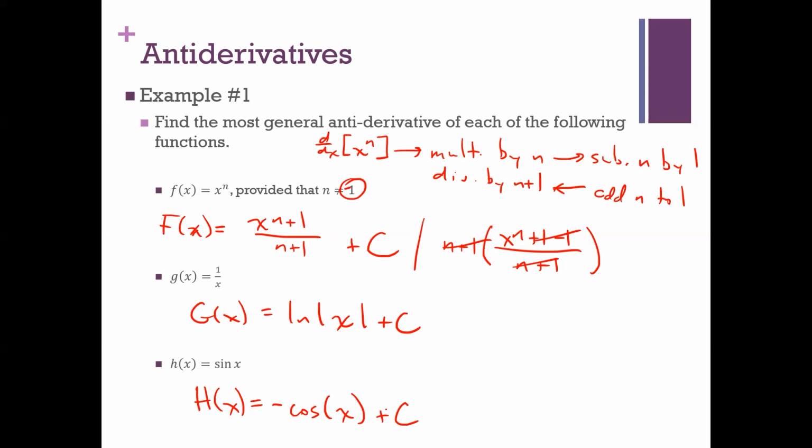No, not when you do the root. But the antiderivative of sine of x is negative cosine. If you ever have any doubt, let's do it right now. What's the derivative of negative cosine of x? So derivative of cosine is negative sine, right? Negative sine. Should get you back to where you want to go. Any questions about that?